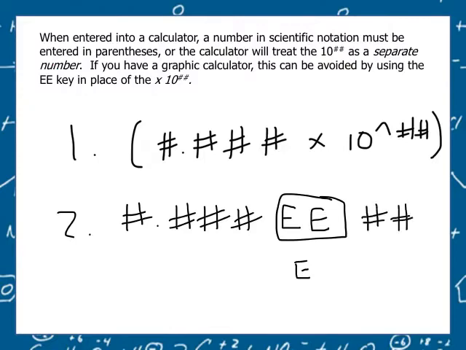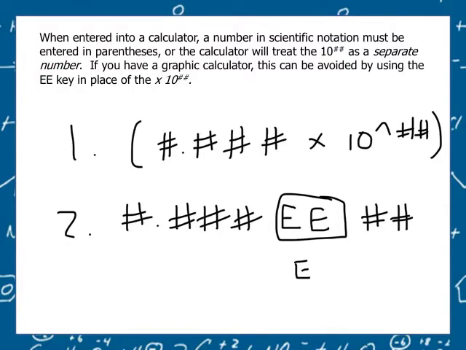So no multiplication sign, no times, no 10. And the really nice thing about this is it's not required to have this in parentheses, because if you use this button on your calculator, it'll recognize it as one thing. So that might save you some keystrokes, but it's always a safe bet to type it in the other way if you remember to put it in parentheses.